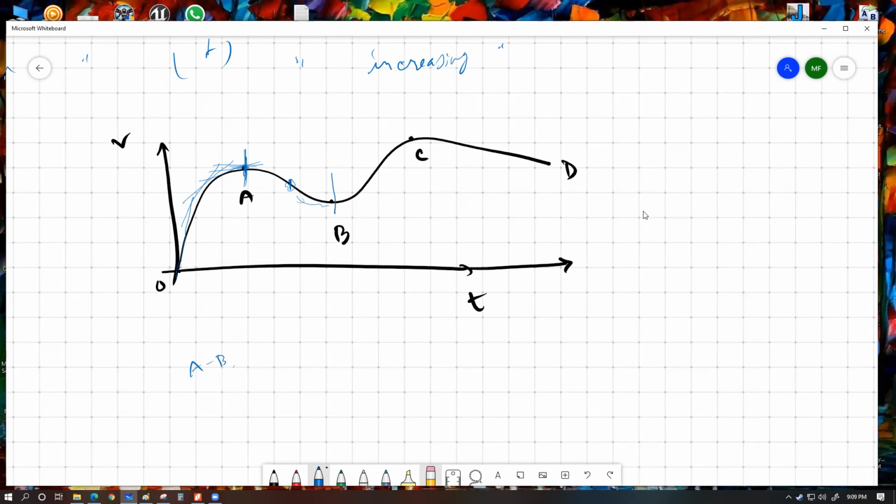It means at this point, the rate of speed drop was the maximum. You had the biggest minus gradient over here. This was the zero acceleration. This is also zero acceleration. For this whole part, the speed is decreasing. So this is altogether zero deceleration at the ends. You have the maximum value of deceleration at this point. So from here to here, the deceleration increased, and then from here to here, the deceleration decreased.